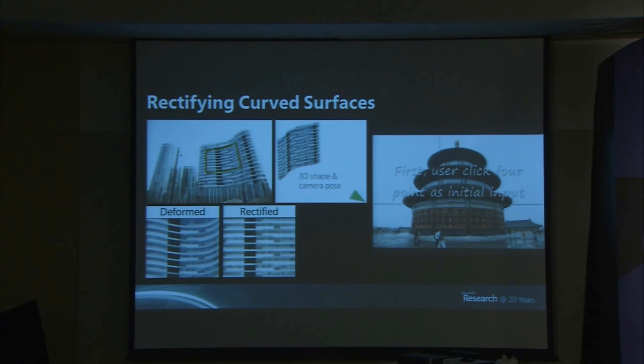Also, the objects in the scene could present certain types of deformation, right? The curved surface like this. Now, unless you can really recover the 3D shape and also the camera pose, you will not be able to recover what's truly the intrinsic upfront pattern, right?